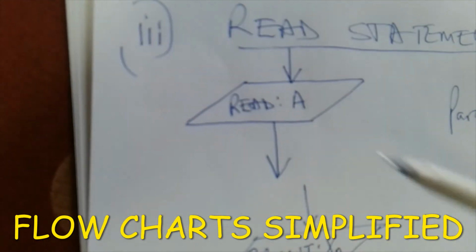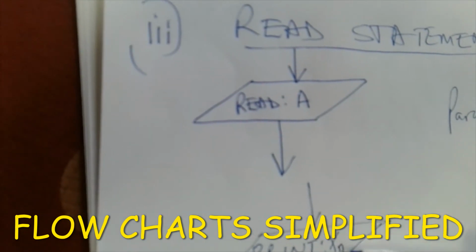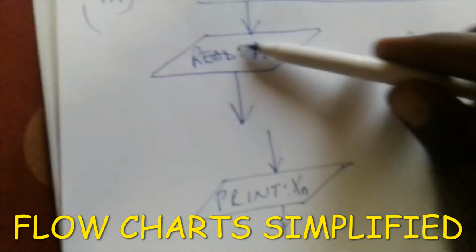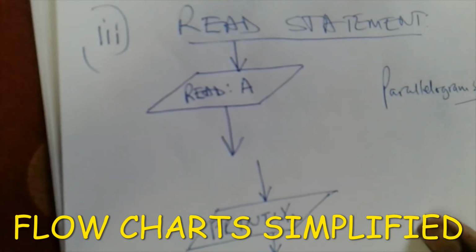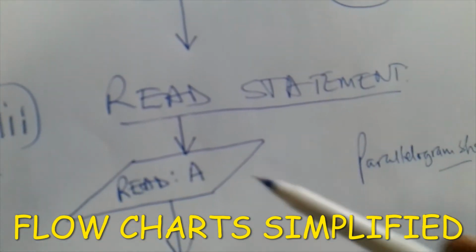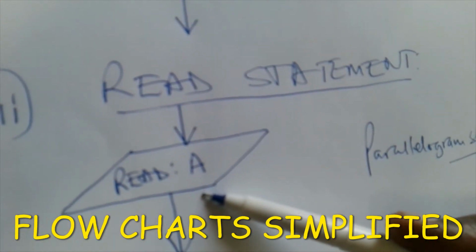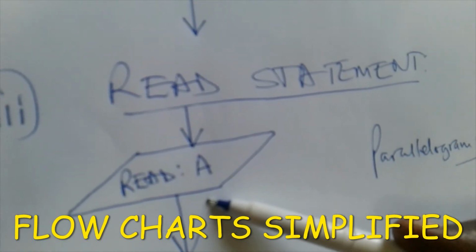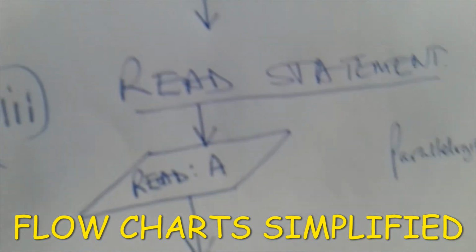So we have the read statement or print statement. We use the parallelogram as the best shape for those two words. It indicates the process of inputting or outputting data, as in entering data or displaying results.